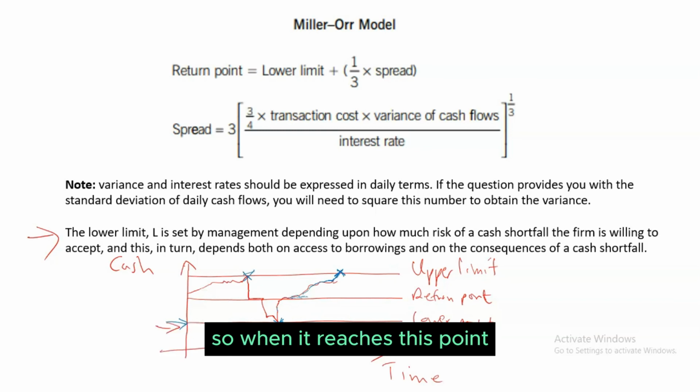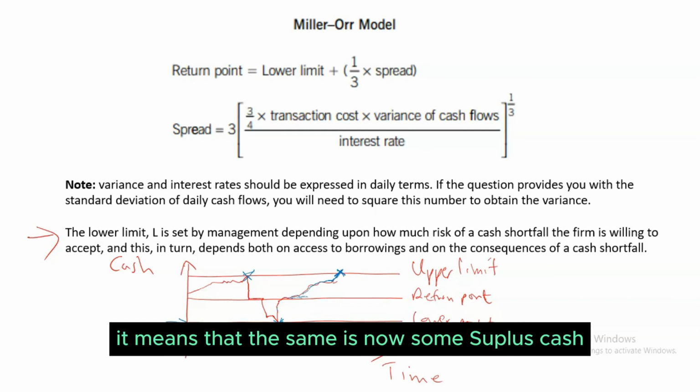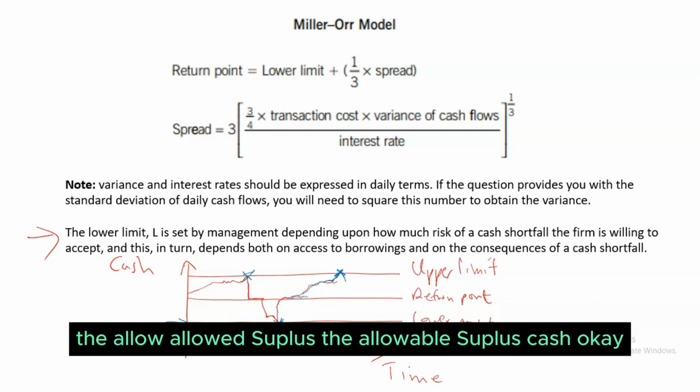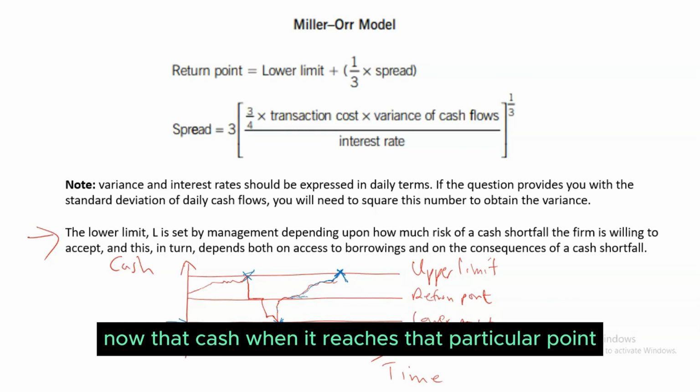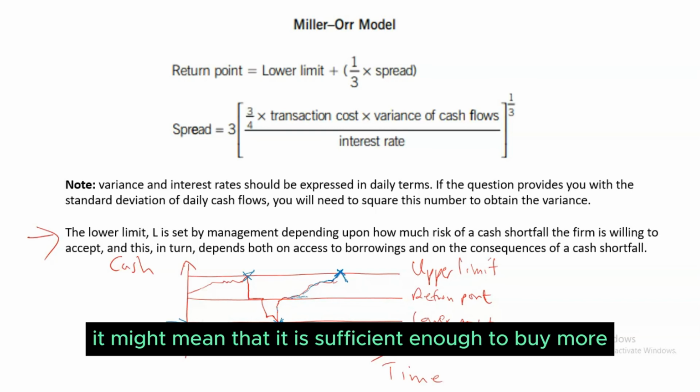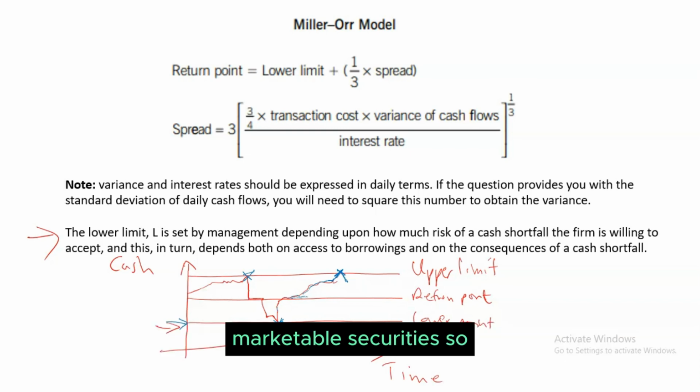When it reaches this point, it means the firm has some allowable surplus cash, sufficient to buy more marketable securities.